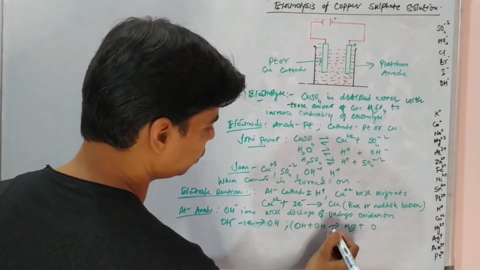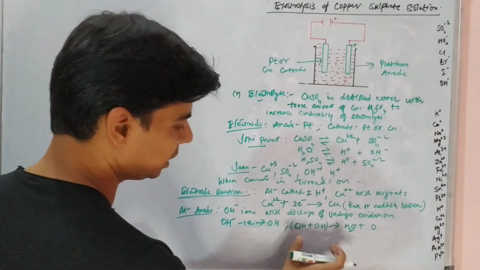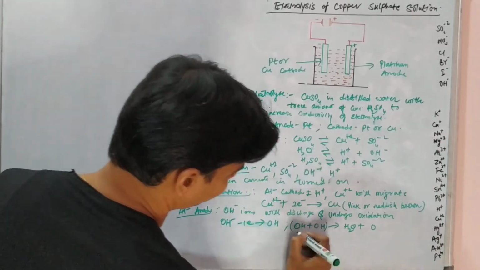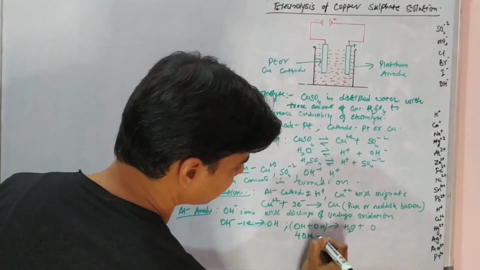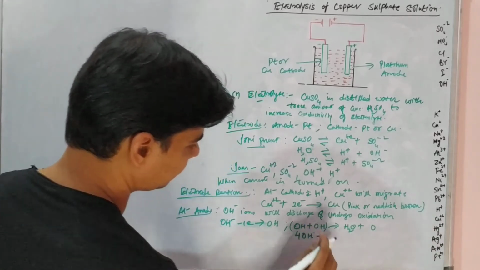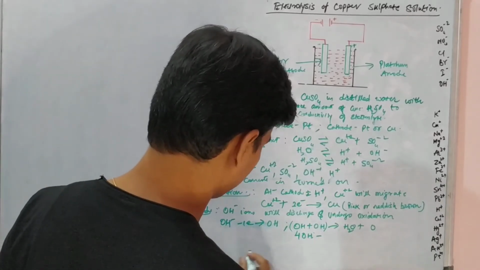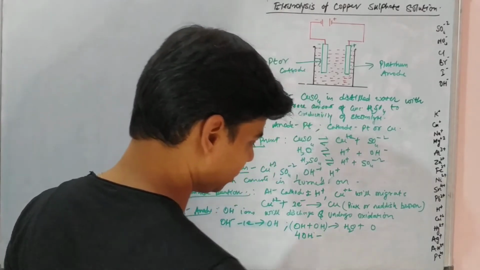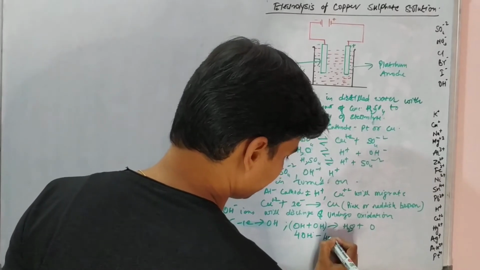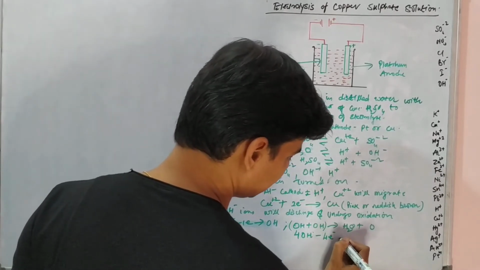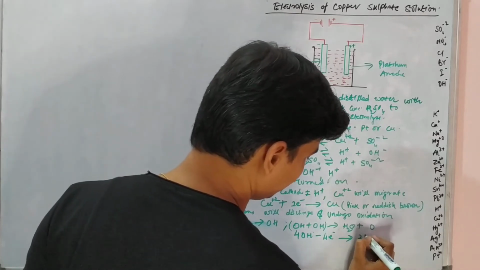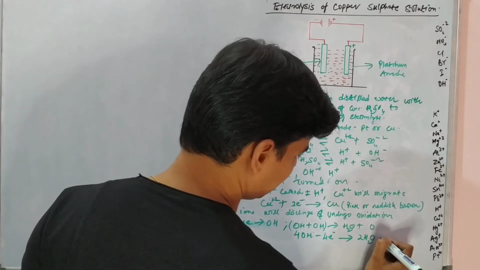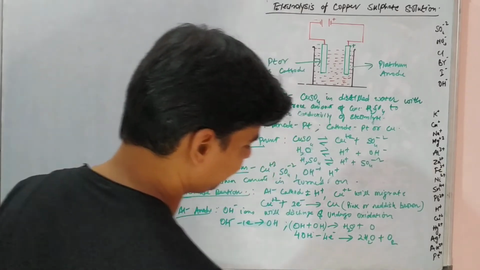Similarly, two more OH radicals will give one more oxygen atom. So in total, 4 hydroxyl ions will lose 4 electrons to give 2 water molecules and 1 oxygen molecule.